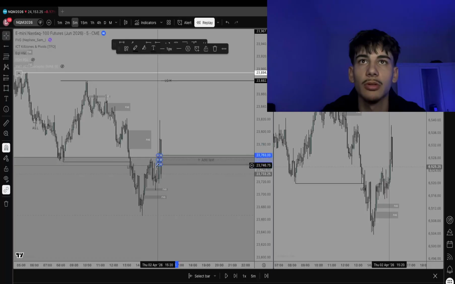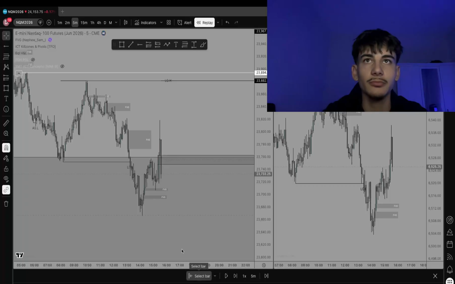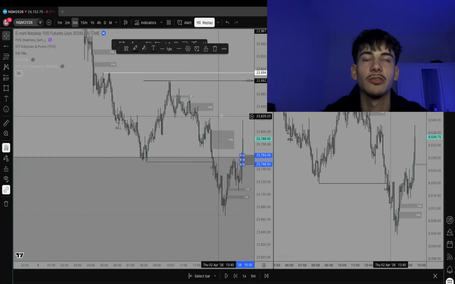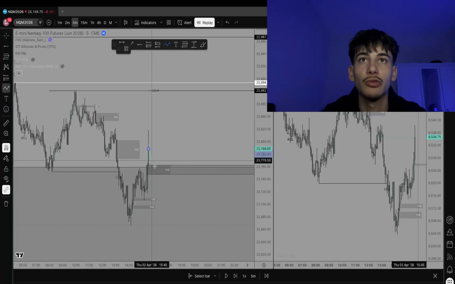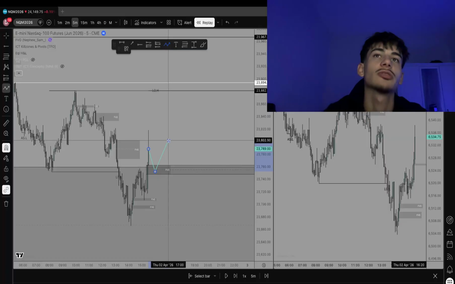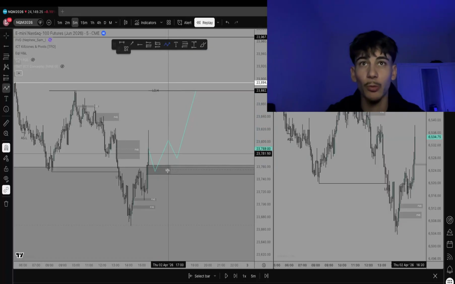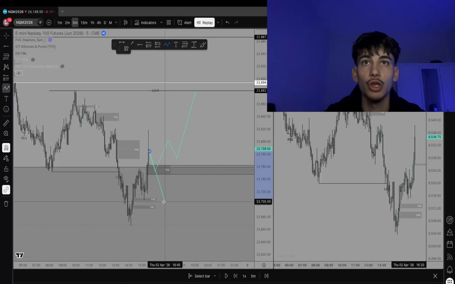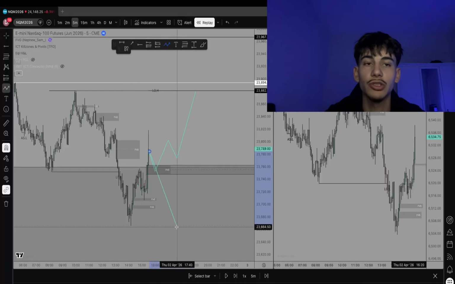So I look at this gap, and I tell myself my condition is, if I want to long this, I want a retrace into that gap and the rejection out, and then confirmation to the draw on liquidity, or I want some sort of lower manipulation into a 15-minute gap, or a resweep, or an SMT, or a resweep of this zone, but this is the lowest I want it to go.